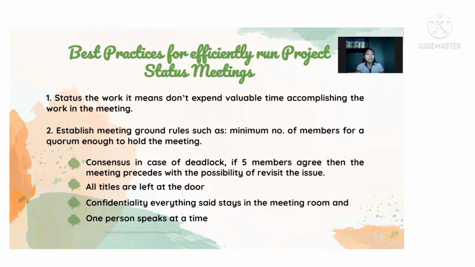Second, consensus in case of deadlock. If five members agree, then the meeting proceeds with the possibility of revisiting the issue. Third, all titles are left at the door. Fourth, confidentiality, so everything said stays in the meeting room. And lastly, one person speaks at a time.